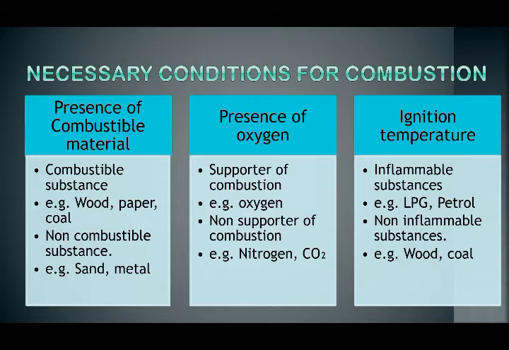Oxygen is said to be the supporter of combustion because the combustion process always takes place in the presence of oxygen. There are certain other gases present in air that do not help in the combustion process. All these gases are termed as non-supporters of combustion. Examples of non-supporters of combustion are nitrogen and carbon dioxide.